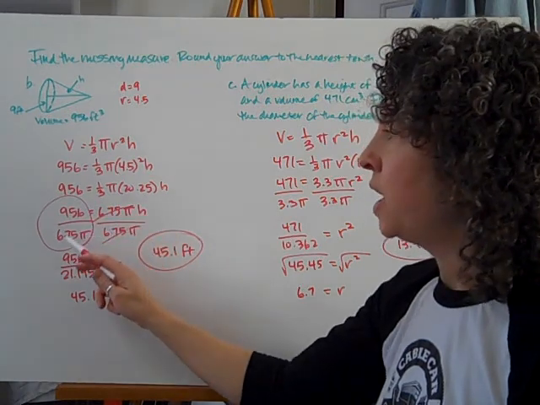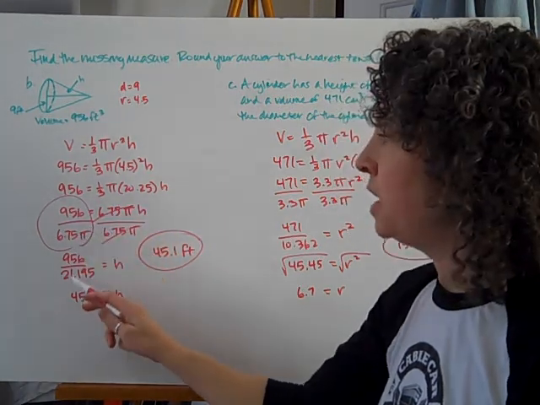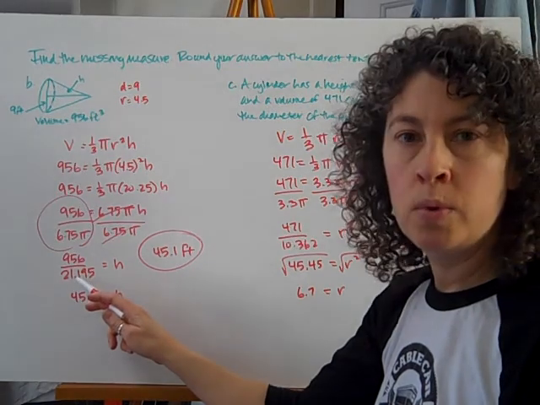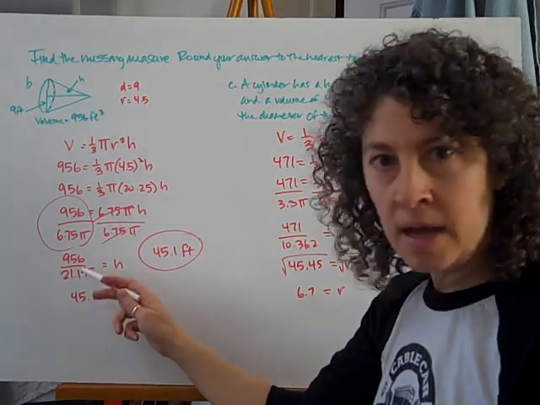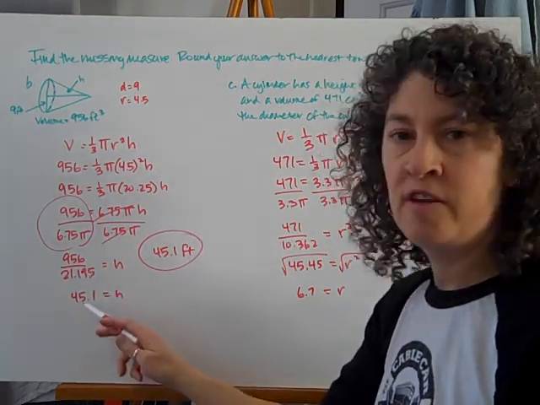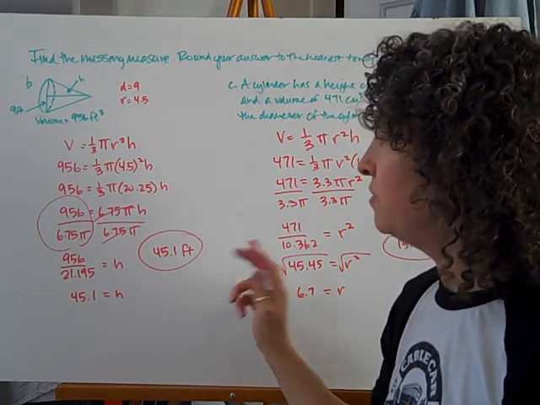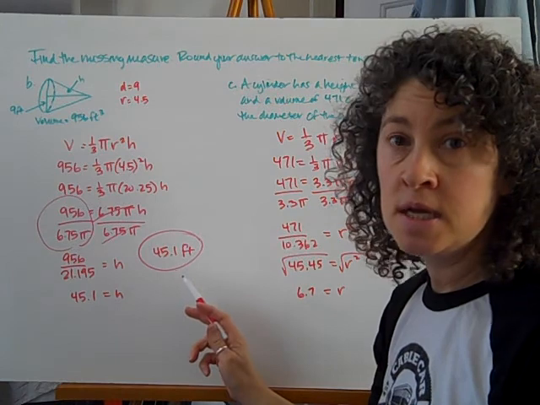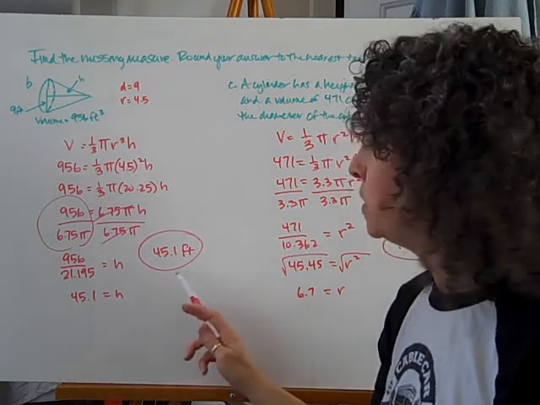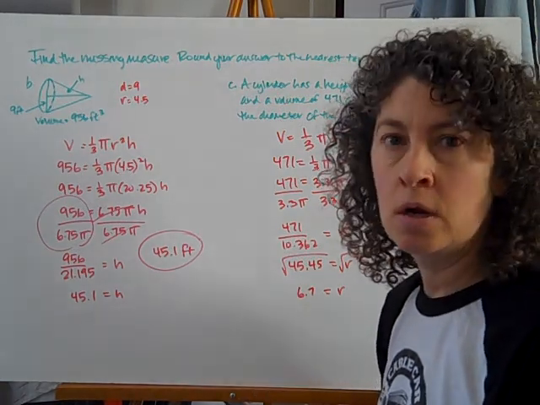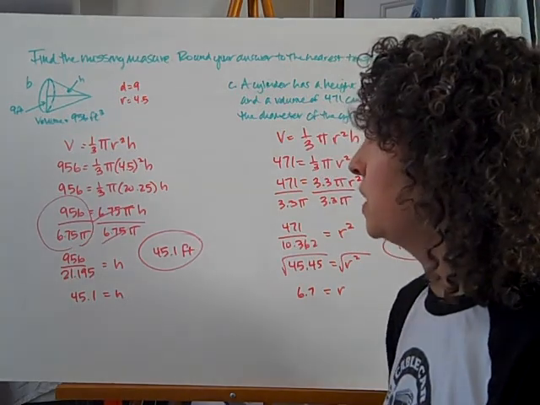At this point, I did 6.75 times pi and came up with about 21.195. Then I divided, and I get 45.1 for my height. So I have a height of 45.1 feet. Again, this is height, so it's a linear measurement. It's not cubed, it's just linear feet when we get our final answer.